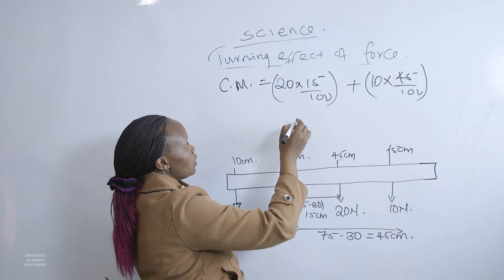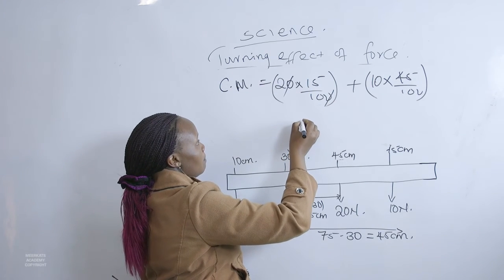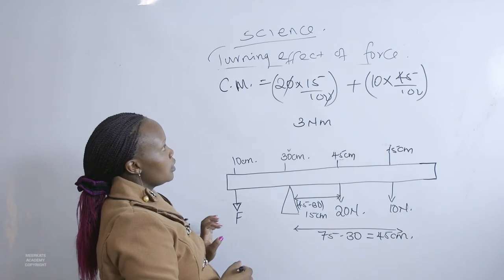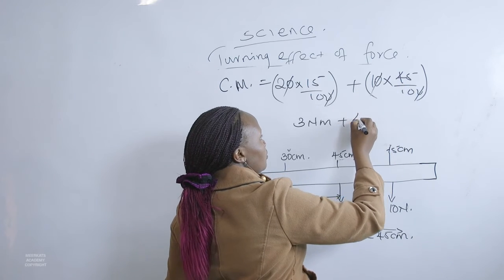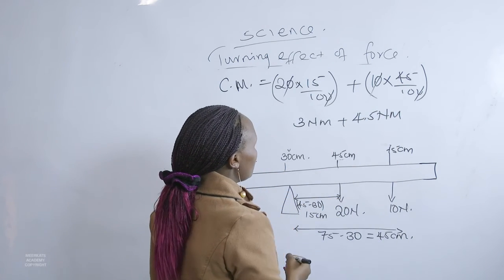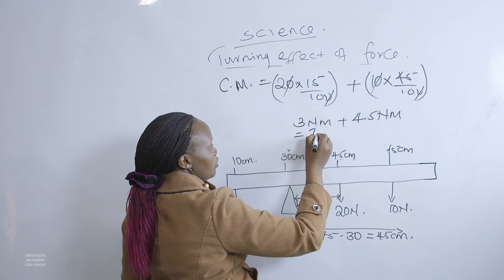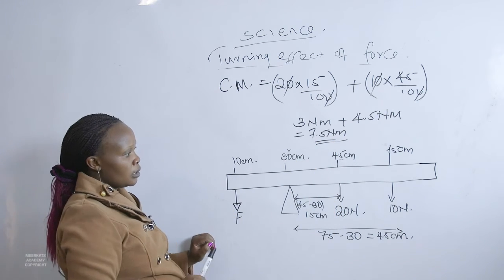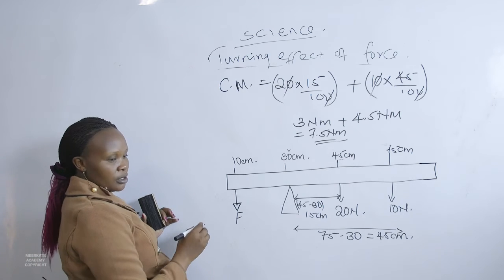This one here gives us 3 Newton meters, then plus 4.5 Newton meters. So our clockwise moment is going to be 7.5 Newton meters. Now, how about the anti-clockwise moment?